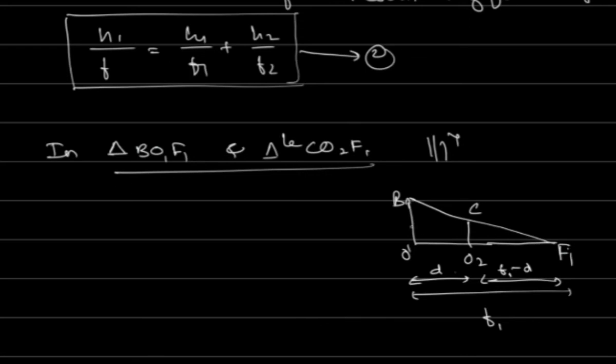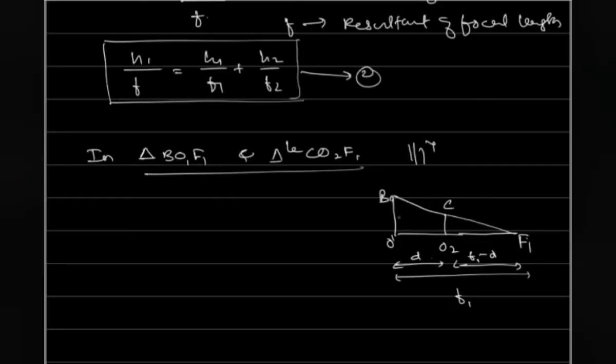So here the height h1 divided by f1, and from the second triangle, height h2 divided by the distance f1 minus d. So therefore from triangles 1 and 2 we'll write h1 divided by f1 equals h2 divided by f1 minus d.